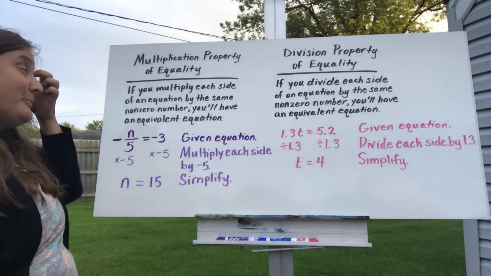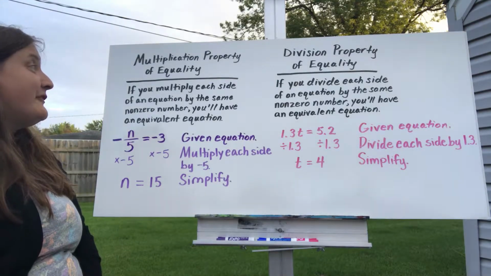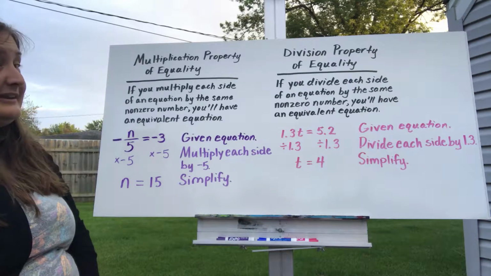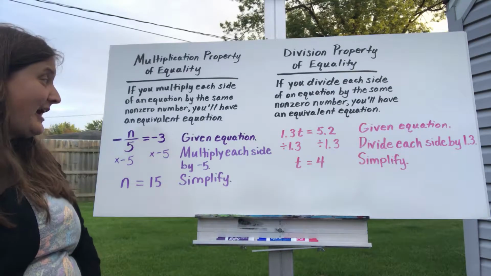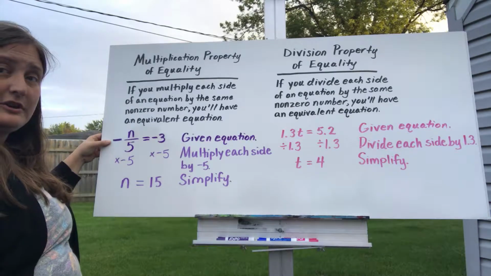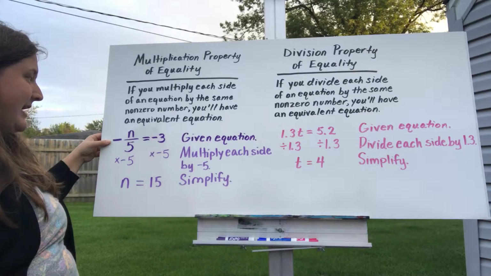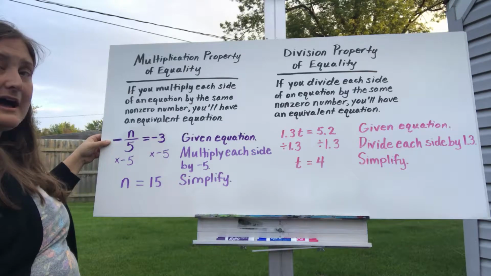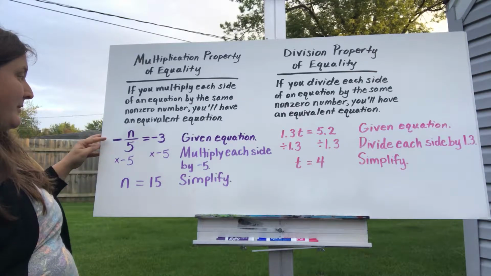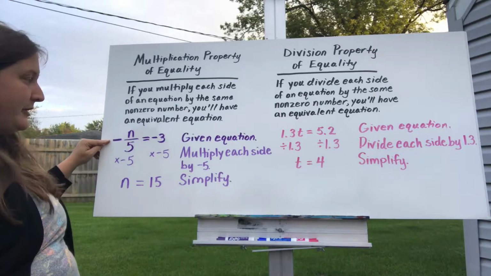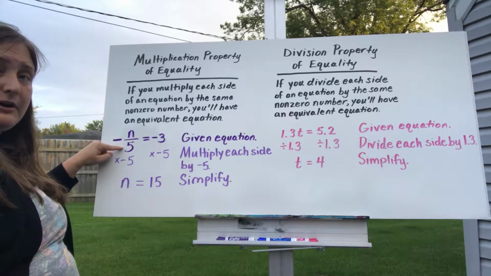The multiplication property of equality says if you multiply each side of an equation by the same non-zero number, you'll have an equivalent equation, as long as you do it to both sides. So if my given equation here is negative n divided by 5 equals negative 3, I can solve that by multiplying each side by negative 5. When the negative is right here in the middle, it can go with either the numerator or the denominator.